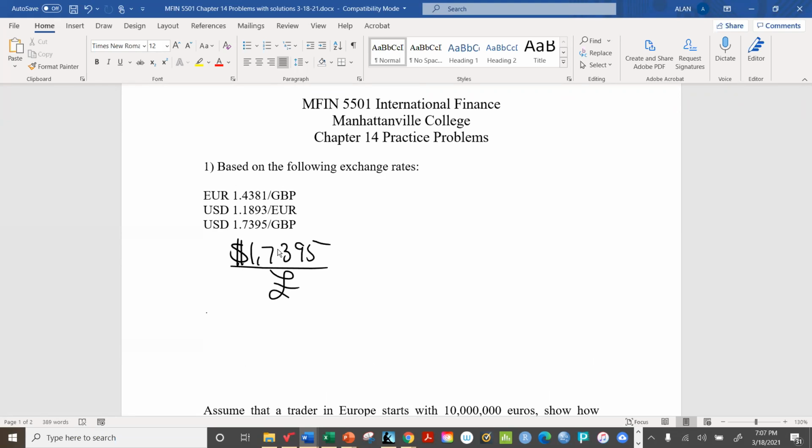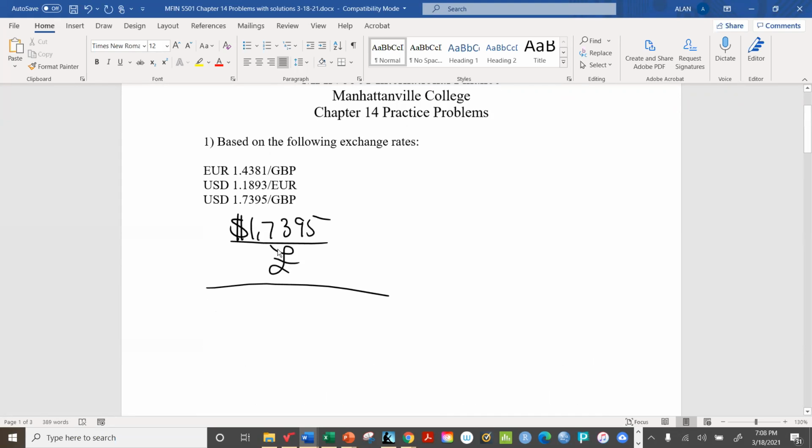And then what we can do is divide by 1.1893 per euro. Now, this is algebraically equivalent to 1.7395 per pound, and then we're going to multiply that by the inverse of this denominator.